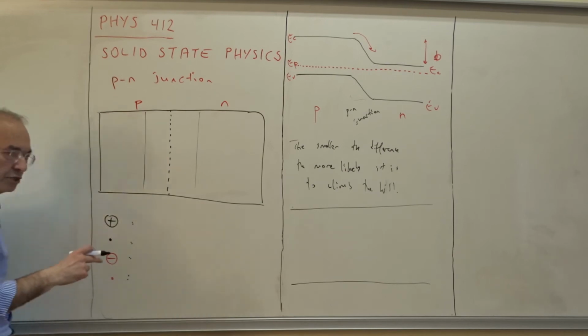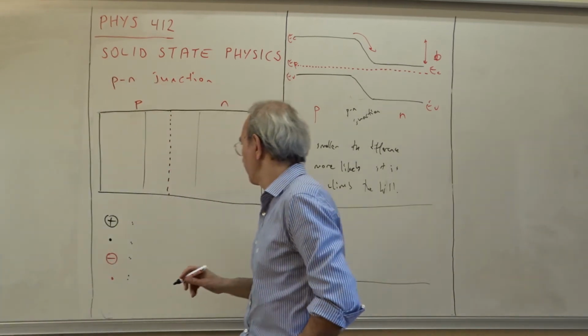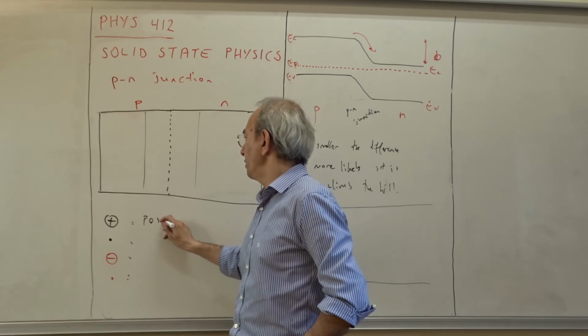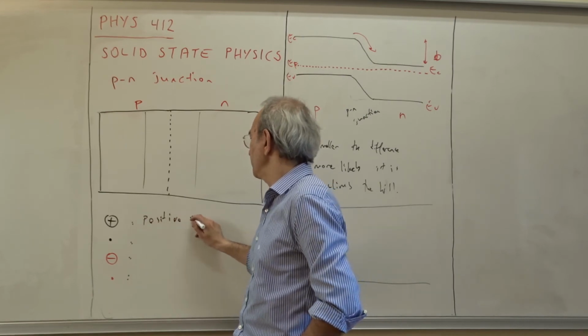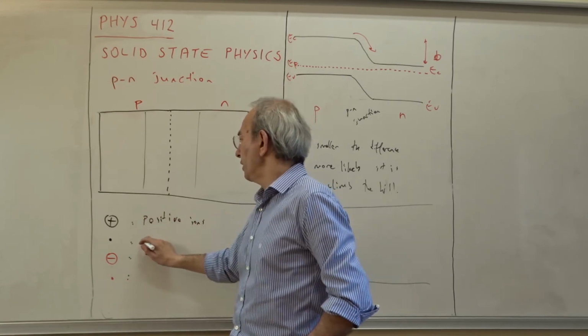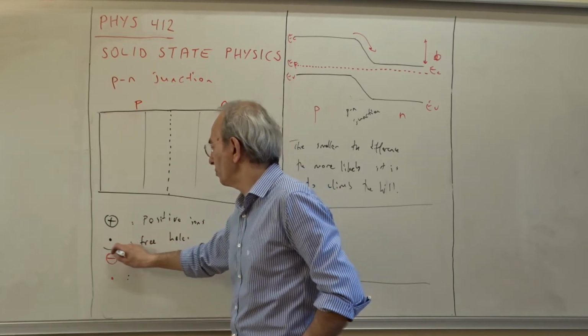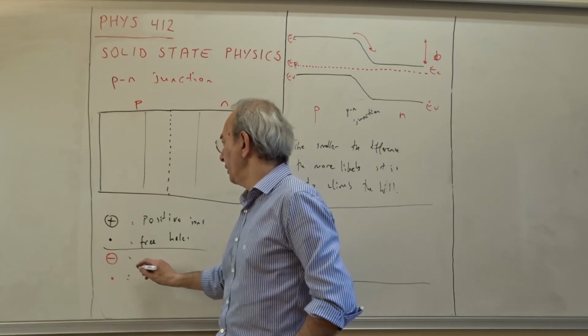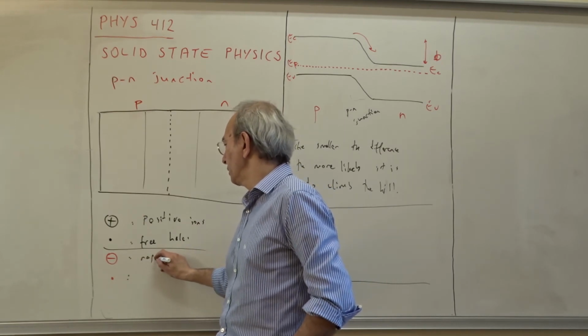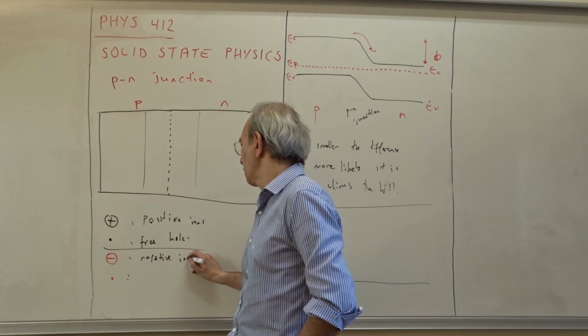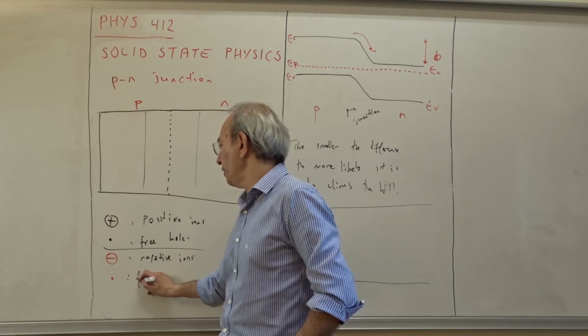This is the positively charged ions. Positive ions. These are free holes, the black ones. And red ones are negative ions. And these are free electrons.